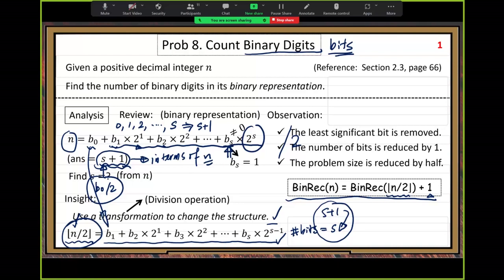And we can use this recurrence relation to solve this problem. We can write a program, do the recursive function call, and get the answer. Here we have the base case: when n is 1, the number of bits is 1.